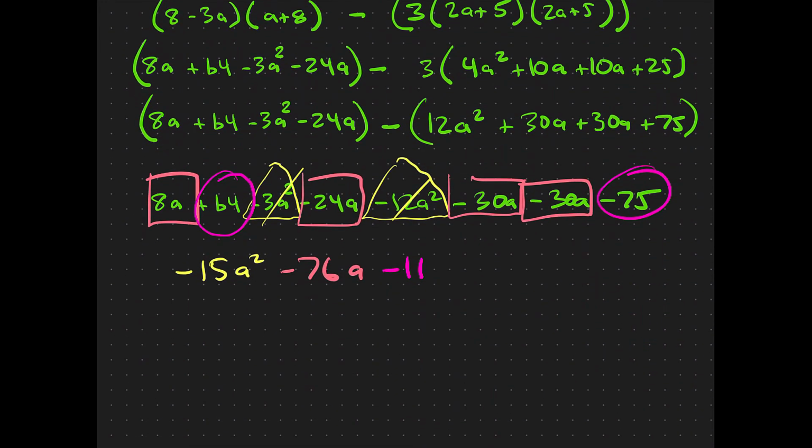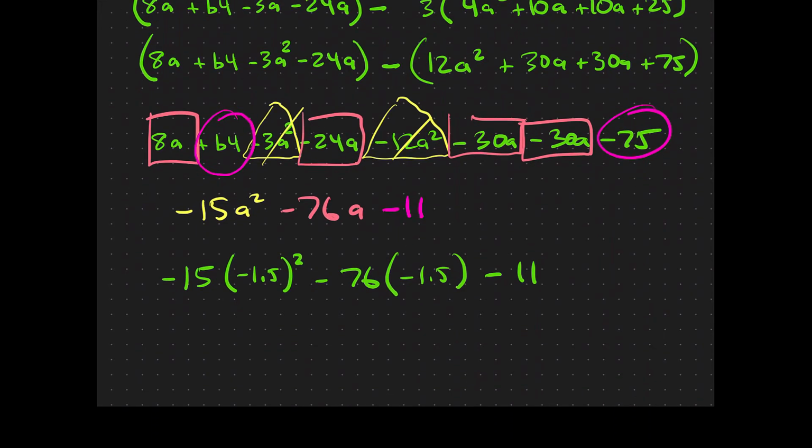So basically what I'm going to do is substitute each one of these a's with negative 1.5. So this is negative 15 times negative 1.5 squared minus 76 times negative 1.5 and then minus 11.